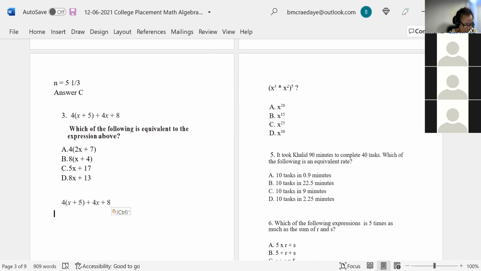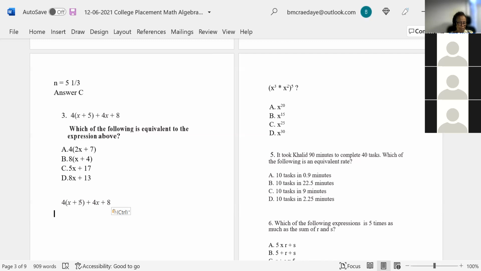So read back what you wrote. 4, left paren. And then what do you have in parentheses? x plus 5. And then the right paren.